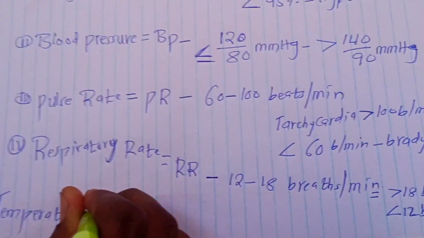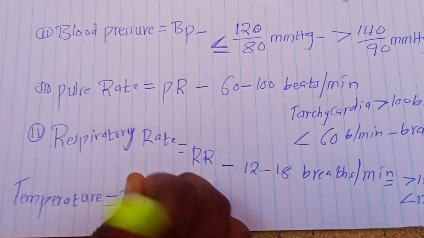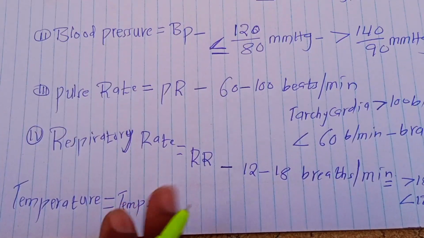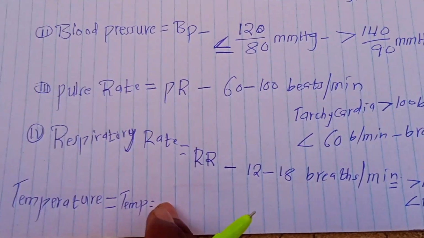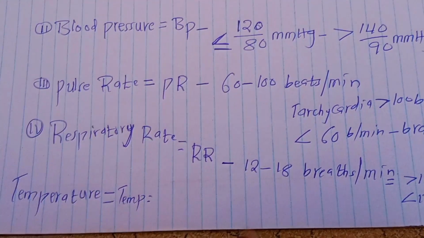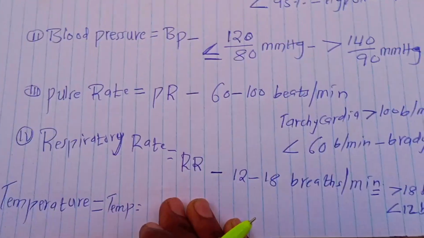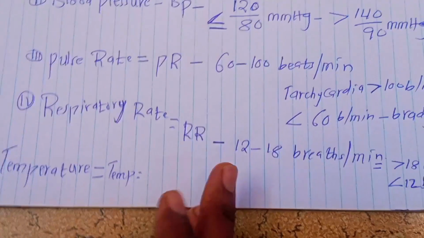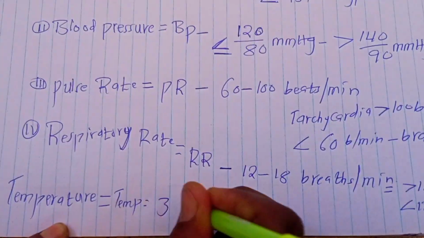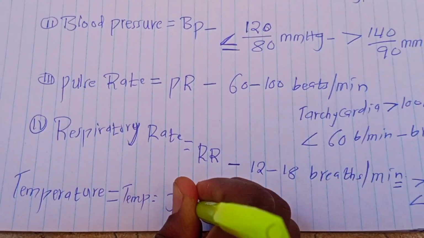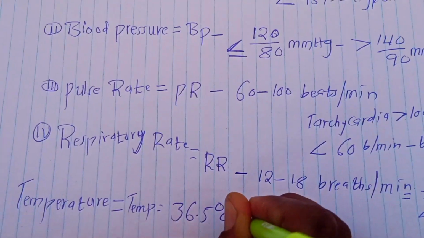So the last one we have is temperature. Temperature is shortened as temp. Temperature is the measurement of the hotness and coolness of the body. It is expressed in degrees Fahrenheit and degrees Celsius.